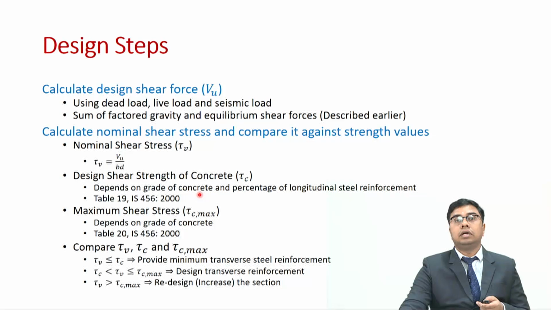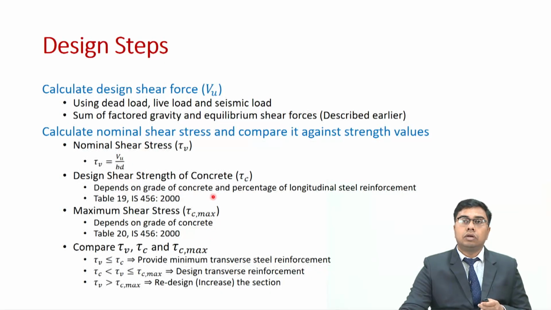It depends on grade of concrete and percentage of longitudinal reinforcement, and can be assessed from table number 19 of IS 456. So this gives you what is the design shear strength of concrete, how much shear concrete alone can carry. Then maximum shear stress, this is tau c max. This depends only on grade of concrete and is obtained from table 20 of IS 456.